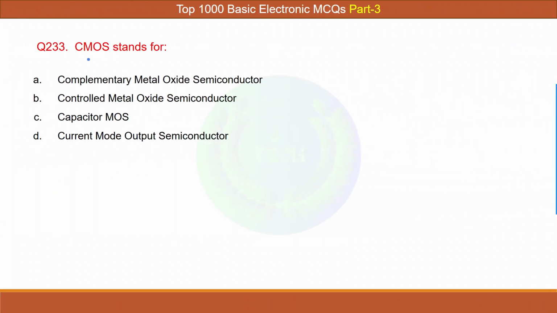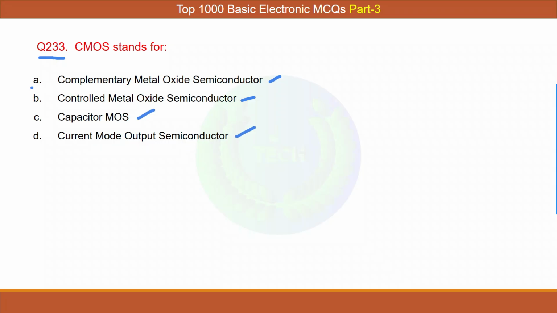Next question, question number 233. CMOS stands for option A complementary metal oxide semiconductor, option B controlled metal oxide semiconductor, option C capacitor MOS, option D current mode output semiconductor.